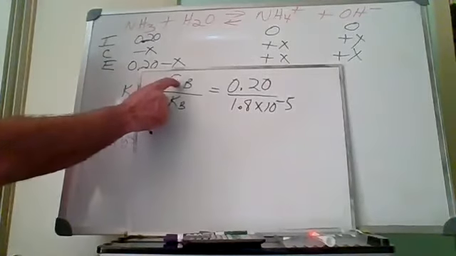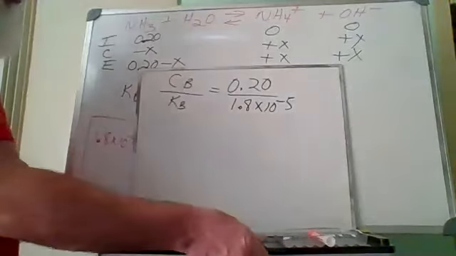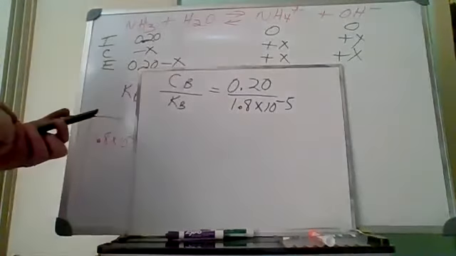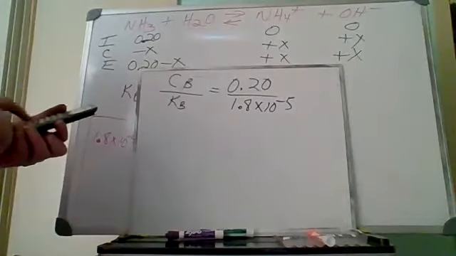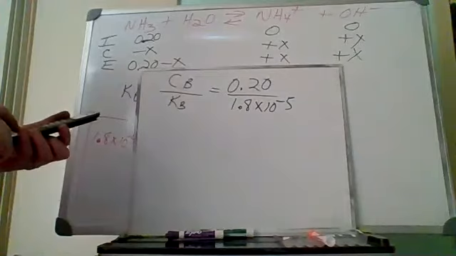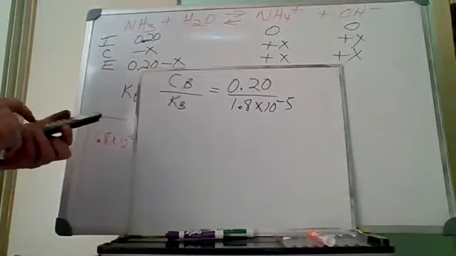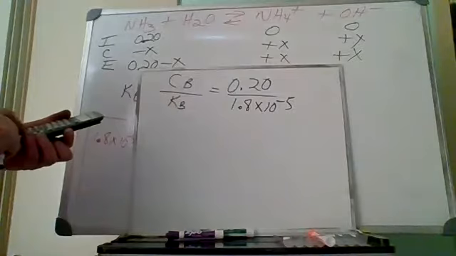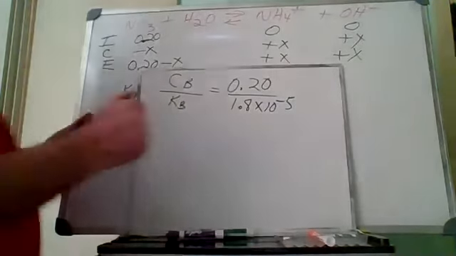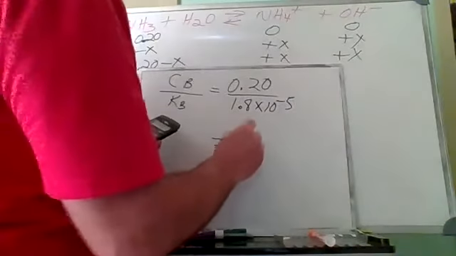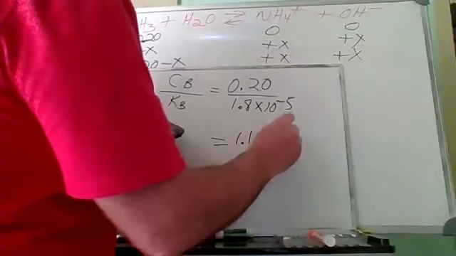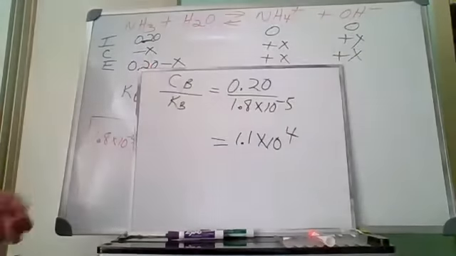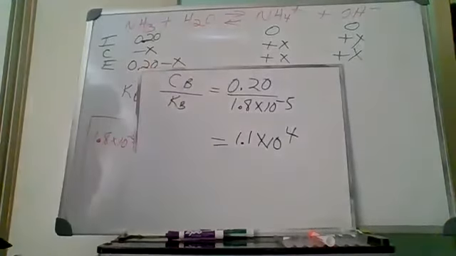The starting concentration of ammonia is given to us in the problem. So 0.2 divided by 1.8 times 10 to the negative fifth equals, and that's equal to 1.1 times 10 to the fourth. All right, so 11,000.